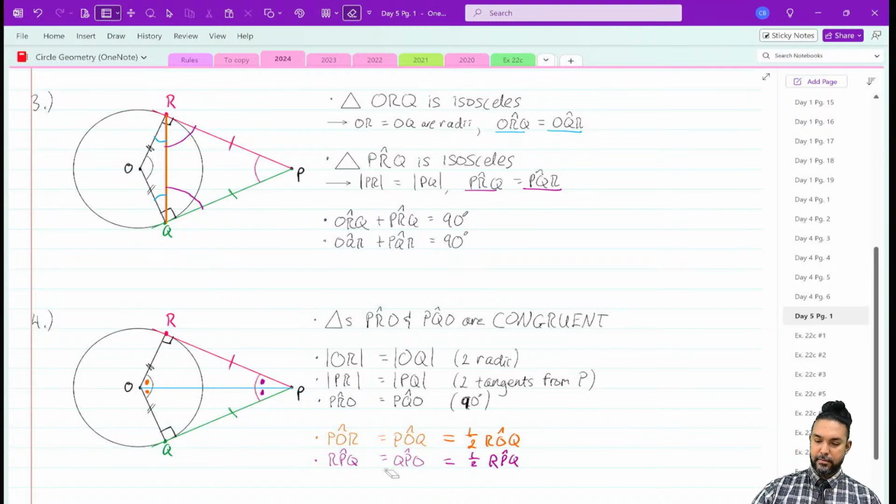No, hold on, it is RPO. So this angle here and this angle here are equal, and they're each half of this whole angle here. Make sense now? All right, cool. RPO and QPO.